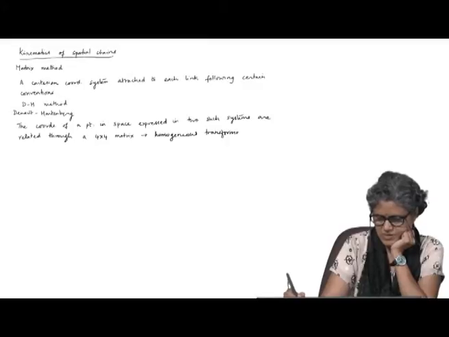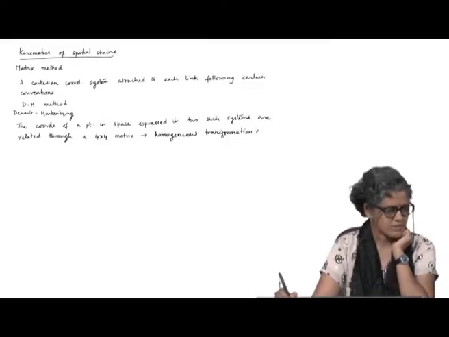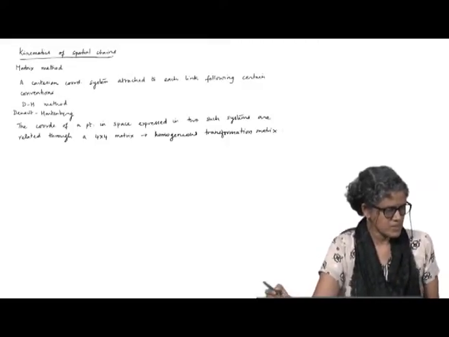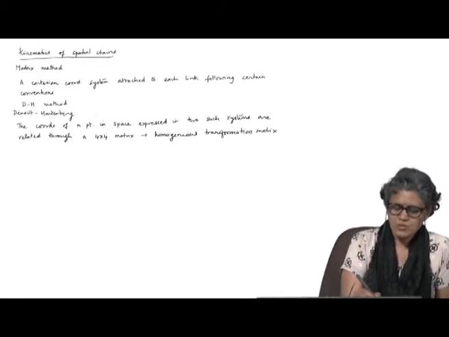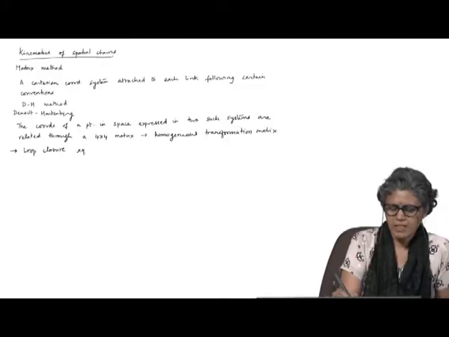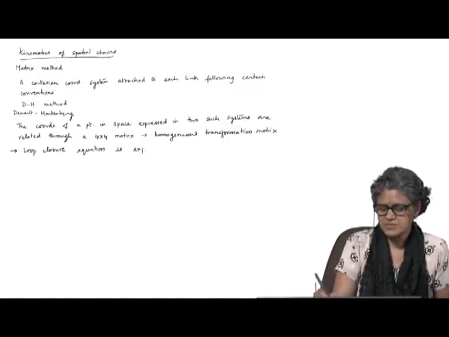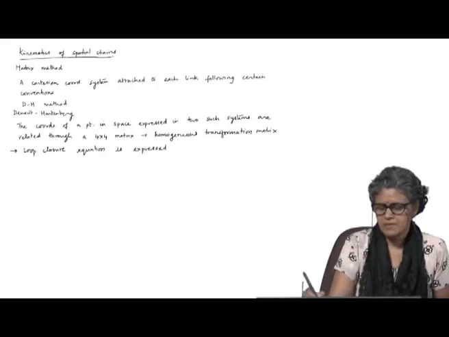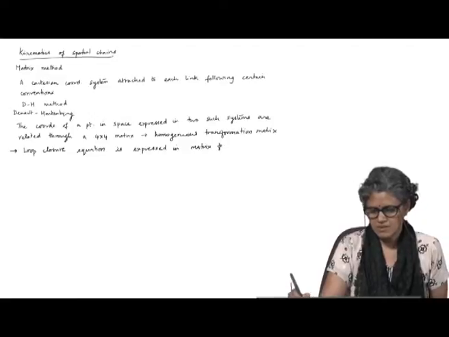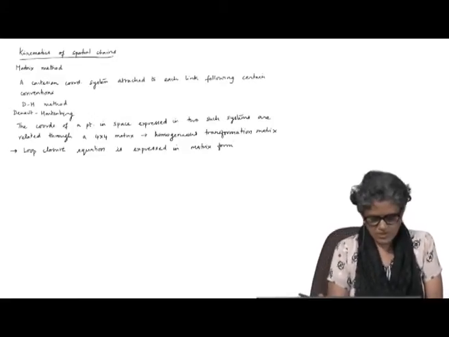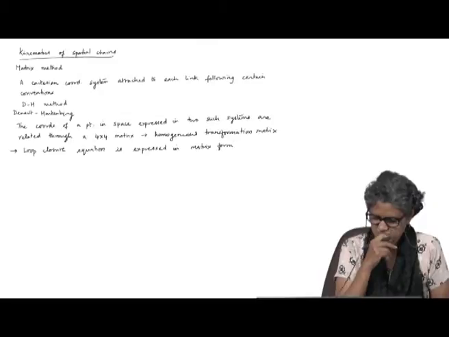So, we will see how that is done. And then once you do this, the loop closure equation is expressed in matrix form, through these transformation matrices.